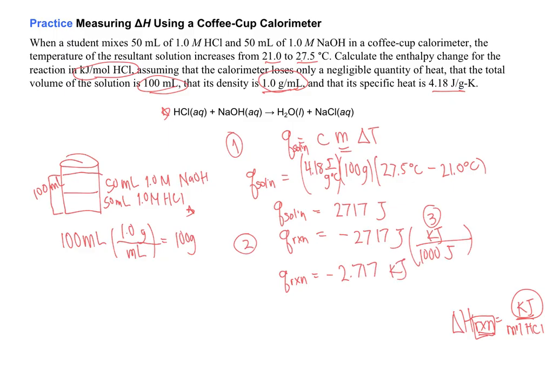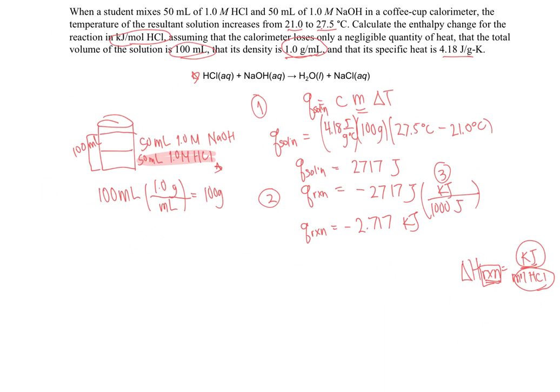And then our last thing is to get it per mole of hydrochloric acid. It told us what mole to use. So what we're going to do here is use our volume and our molarity of hydrochloric acid to figure out the moles. I'm going to do this over on the side here. We have 50 milliliters of HCl.